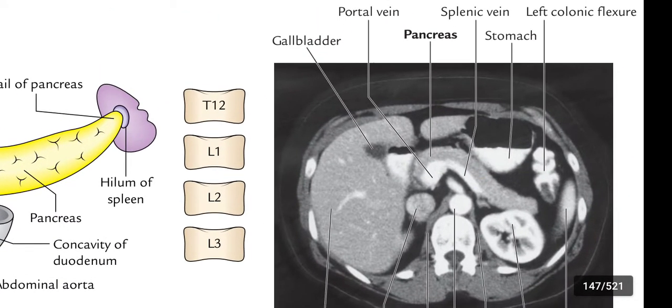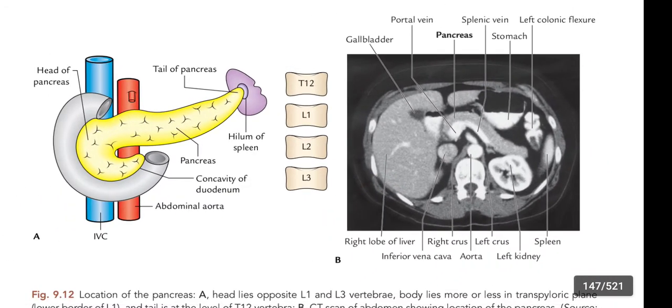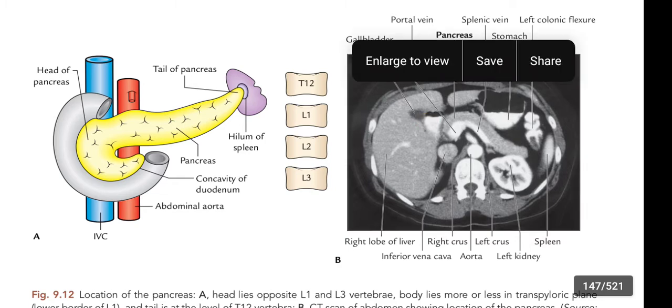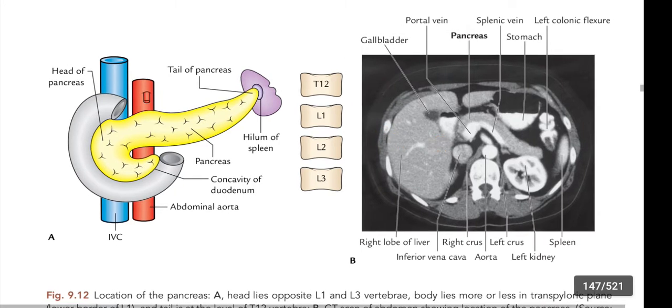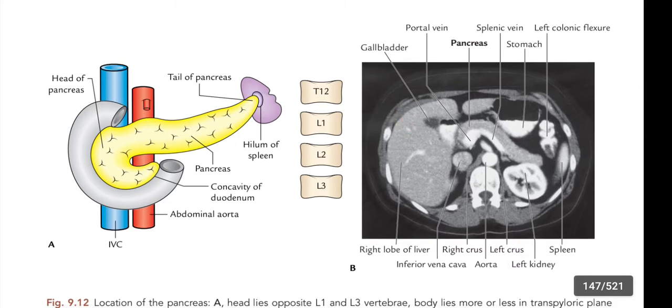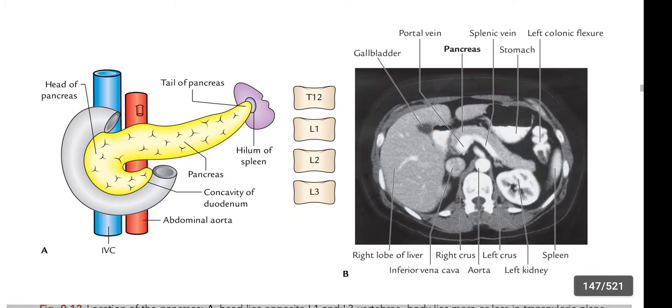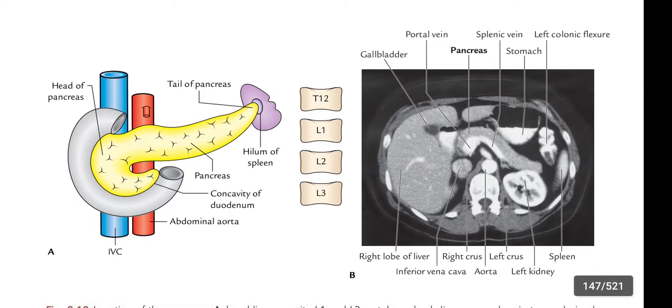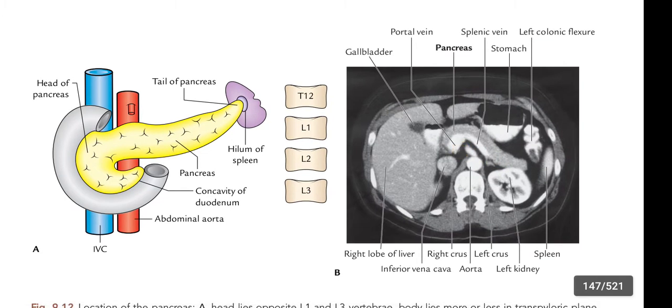You see here, this is the pancreas. The gallbladder, right lobe of liver and inferior vena cava are some of the parts that hide the pancreas.